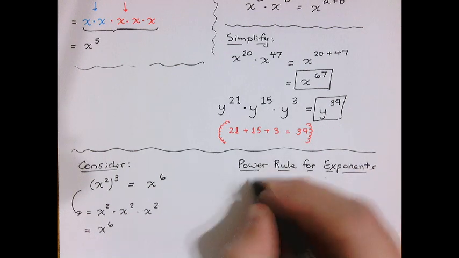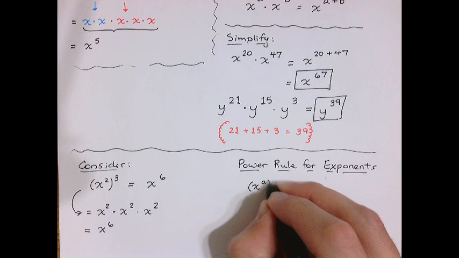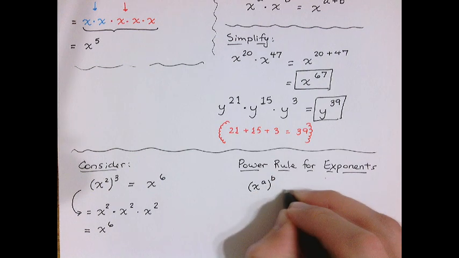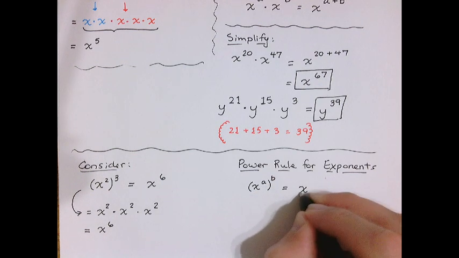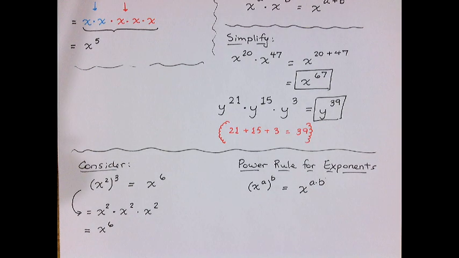All right, and so the power rule has to be set up like this. You've got something with a power that's then raised to another power, and as we know, that means we're going to be multiplying those guys together.